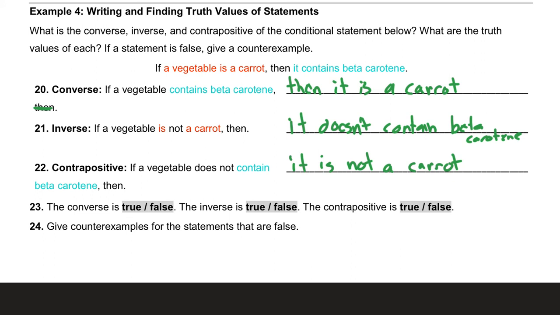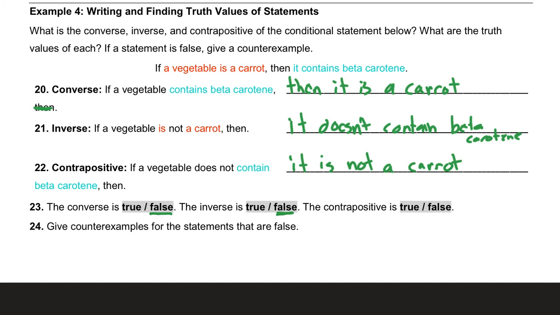But the converse of the statement, that converse is false. Okay? Because if a vegetable does contain beta-carotene, it doesn't have to be a carrot. There are other vegetables that contain beta-carotene. So the inverse, that means the inverse is also false. Because if it's not a carrot, it could still contain beta-carotene.